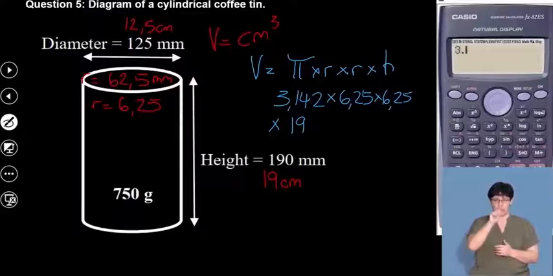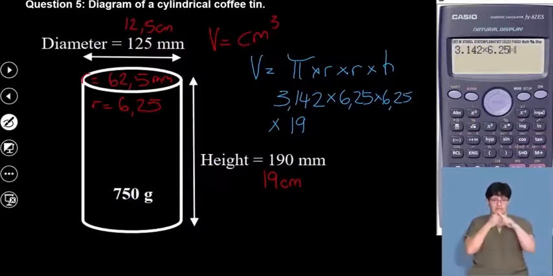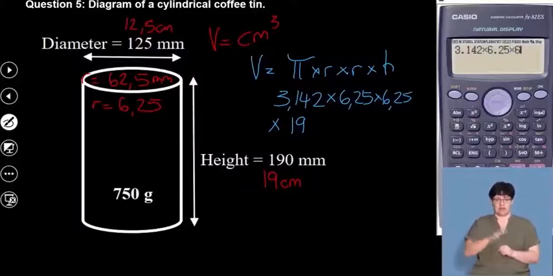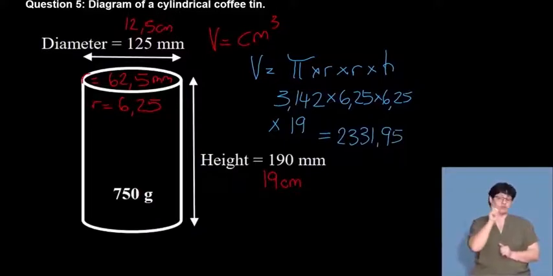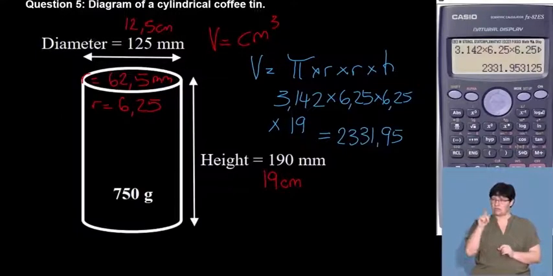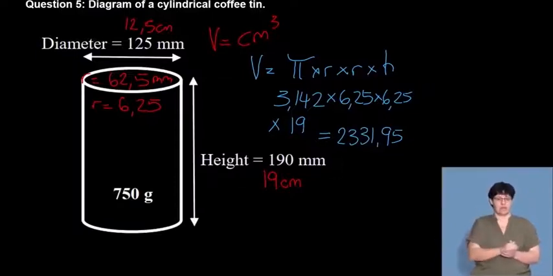It was 3,142 times 6,25 times 6,25. Okay, check, always check, I left out my decimal, times by 19, and I get an answer of 2331,95. I'm writing that in here, 2331,95. I just want to double check that I actually wrote that out correctly. Right, so that is my answer, and don't forget your units. They want it in centimeters cubed.